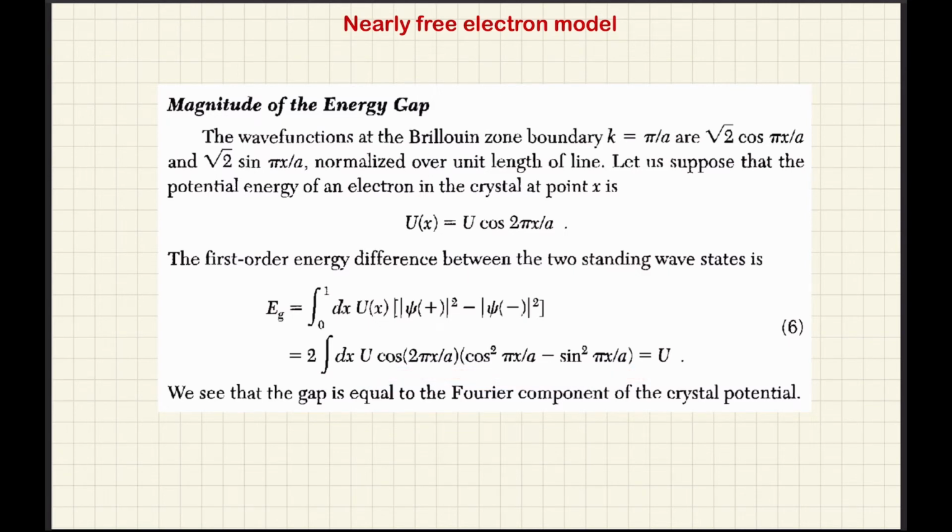If you calculate it you will get the energy difference as U, where U is the Fourier coefficient, because this is in the reciprocal space and that is in the real space. This transformation is basically the Fourier transform, and the component U is called the Fourier component of the crystal potential. So the energy difference is given by the Fourier component of the crystal potential.